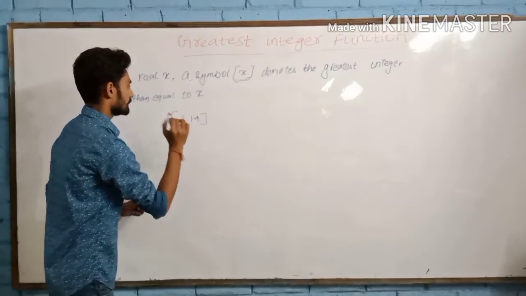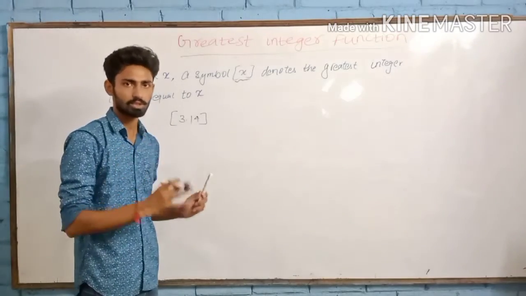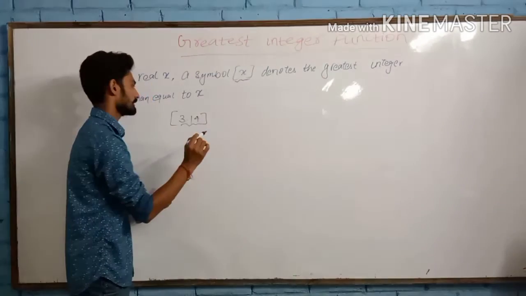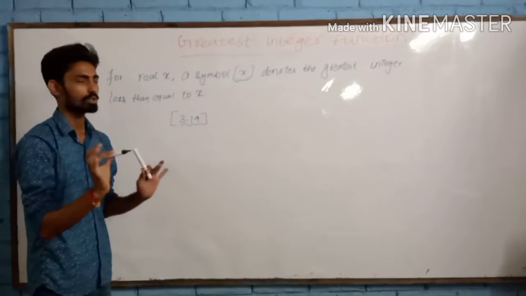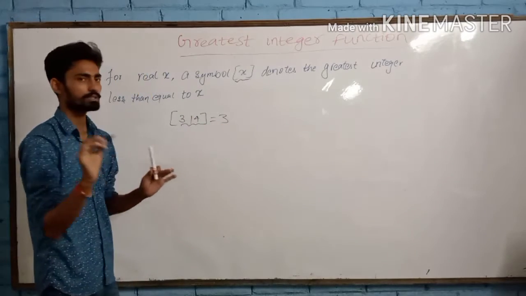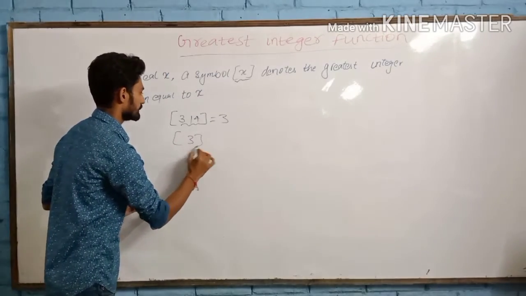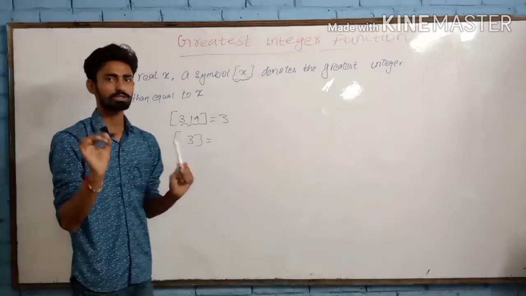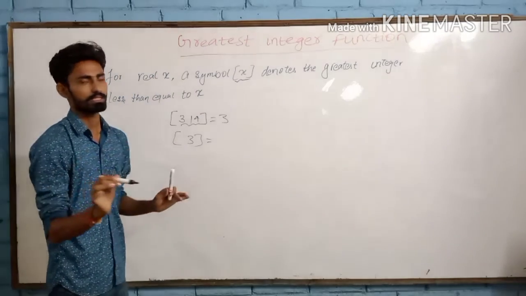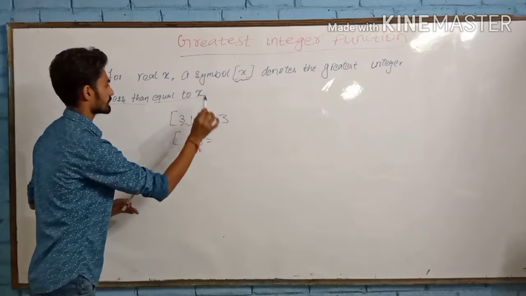3.14। तो बॉक्स ऑफ 3.14 मतलब 3.14 तो छोटा और ग्रेटेस्ट इंटीजर मतलब 3.14 से छोटा सबसे बड़ा इंटीजर कौन हो सकता है? 3। सो बॉक्स ऑफ 3.14 इज 3 एंड बॉक्स ऑफ 3 इज आल्सो 3 क्योंकि ये तो खुद ही इंटीजर है। मतलब here we can see less than or equals to x.